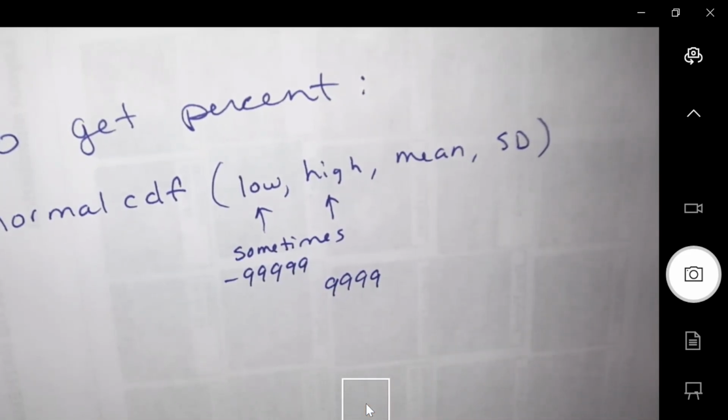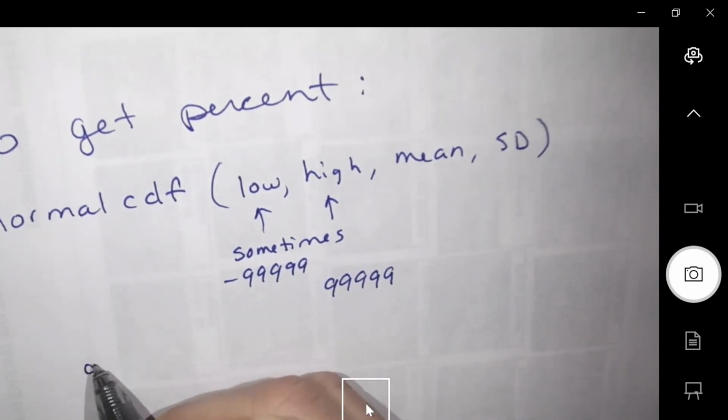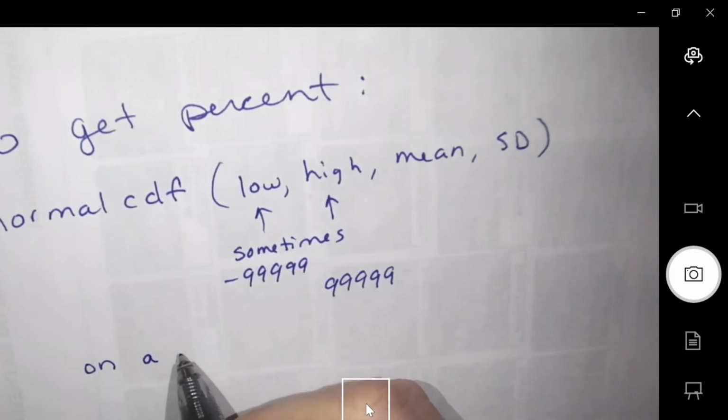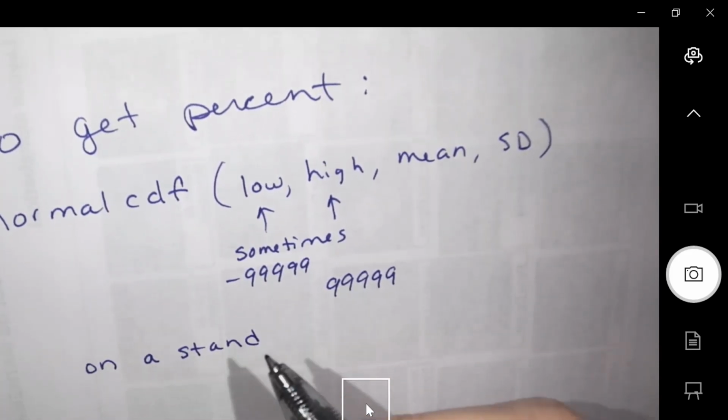Maybe you want to write yourself a note that sometimes you need to place a negative 999 in that spot, and sometimes you need to place a 99999 in that spot. Have you written yourself a note that maybe that's what you want? Wait, which one is sometimes negative 9?